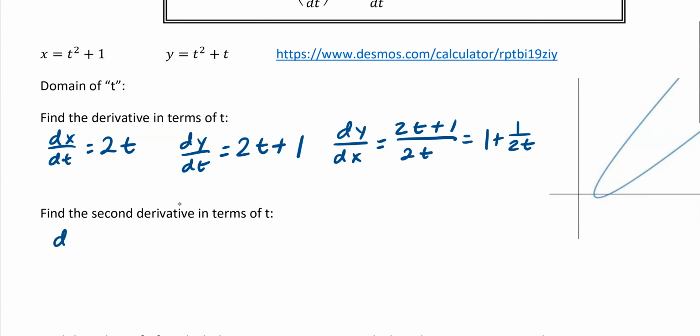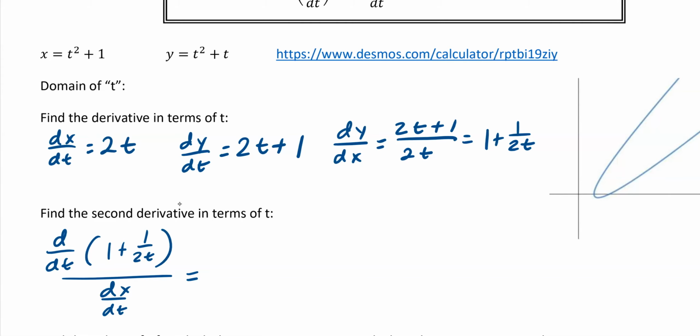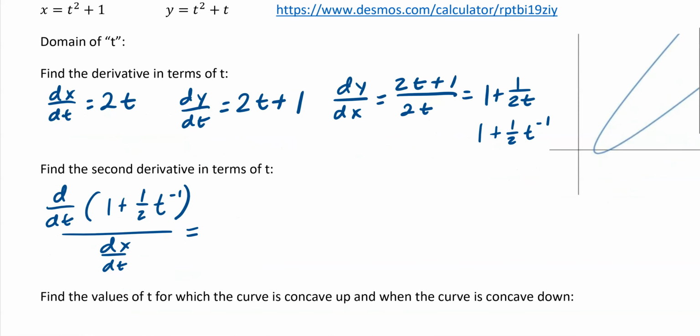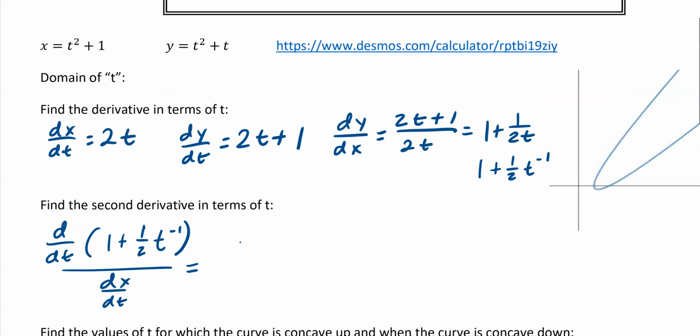So we end up with d/dt of 1 plus 1 over 2t, and then dx/dt on the bottom. So I'm going to rewrite this one as 1 plus 1/2 t to the negative 1, so that we can take its derivative a lot easier. And so that's our top. So that would be 0 for the first term, and then negative 1/2 t to the negative 2.